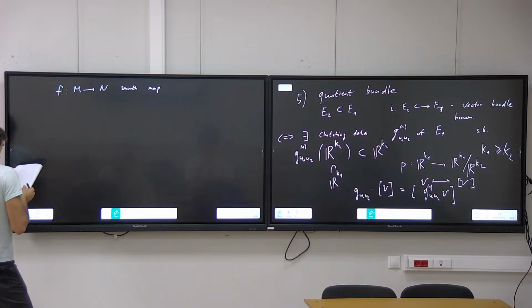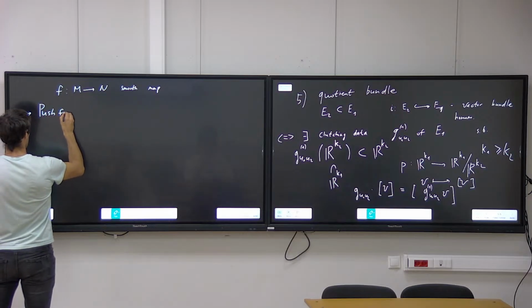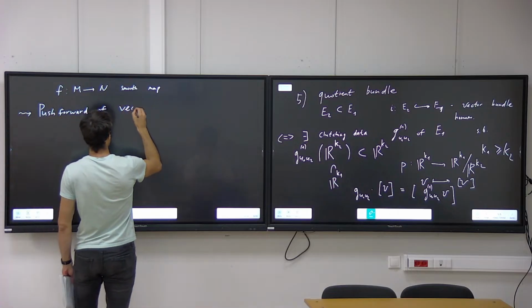If I have this smooth map, I can talk about something called the push forward of vector fields.